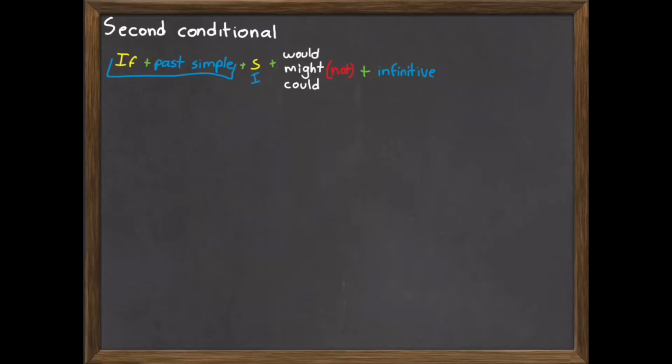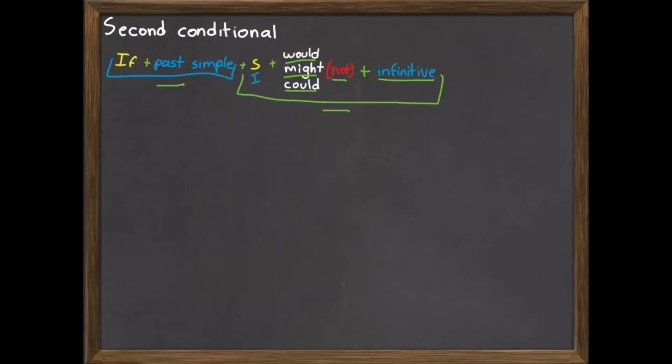We could use one of these three verbs: would, might, or could, or their negative forms. And then at the end, we would add the infinitive verb from the main clause. Remember, this is the if clause and this is the main clause.